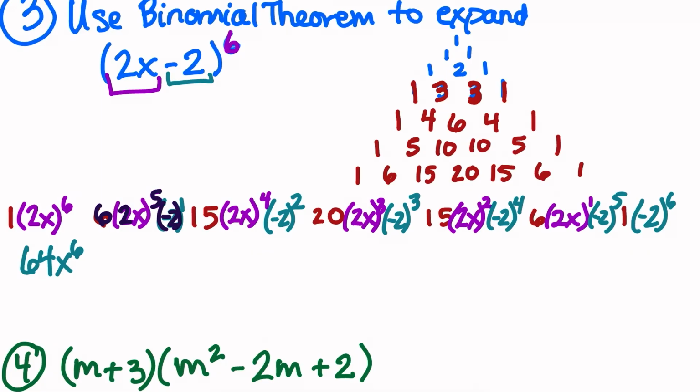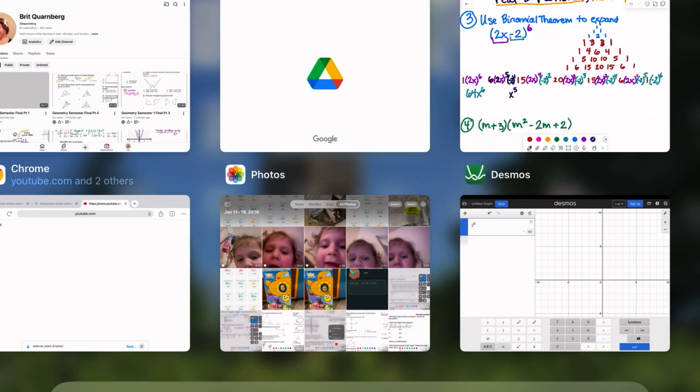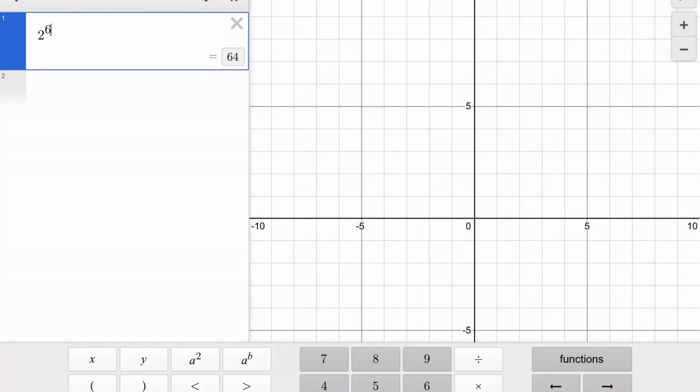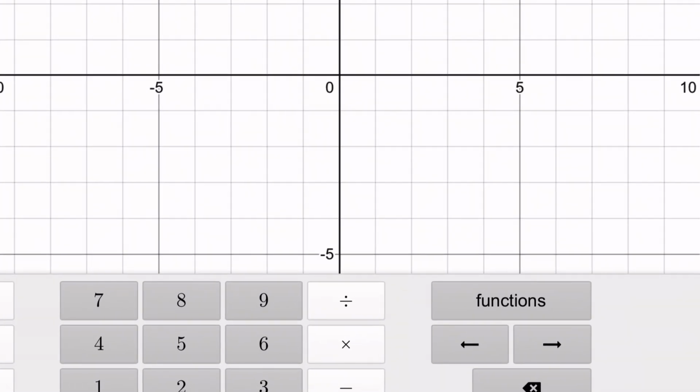In fact, I'm going to type everything except for the x, and I know that my x term is going to be x to the 5th. So now I'm just doing the numbers, and I need to check if it's positive or negative. So 6 times 2 to the 5th times negative 2 to the 1st. So 6, backspace. I'm going to change this to 2 to the 5th. And then, oops, don't do that. Why are you doing that? Okay.